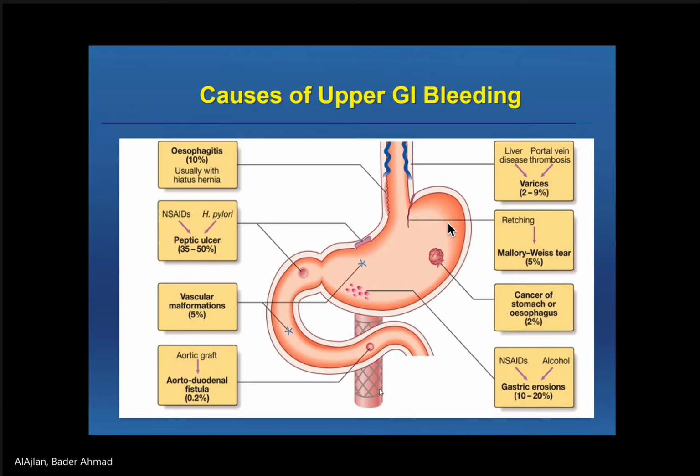Also duodenitis and ulcers in the duodenum. The other thing is rare to see, but scary when you see it: aortic grafts, which sometimes erode into the duodenum and cause aortoduodenal fistulas, and they usually have significant bleeds.